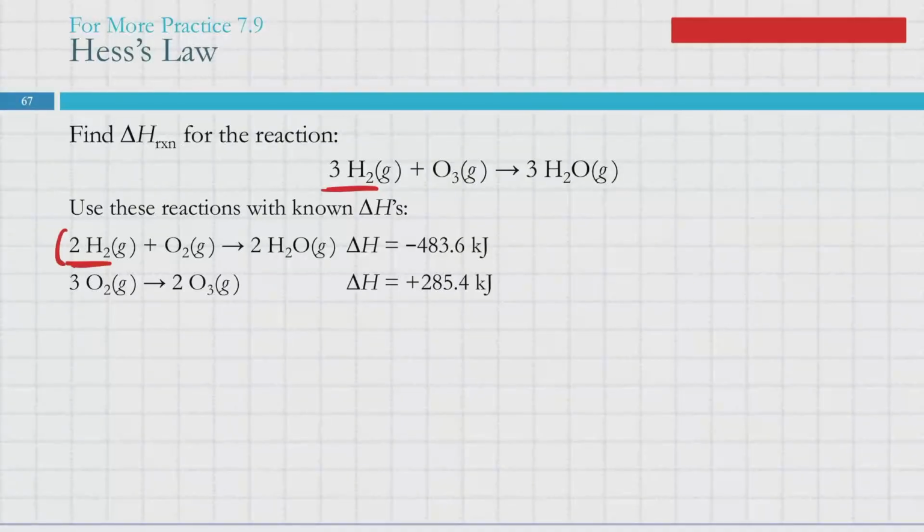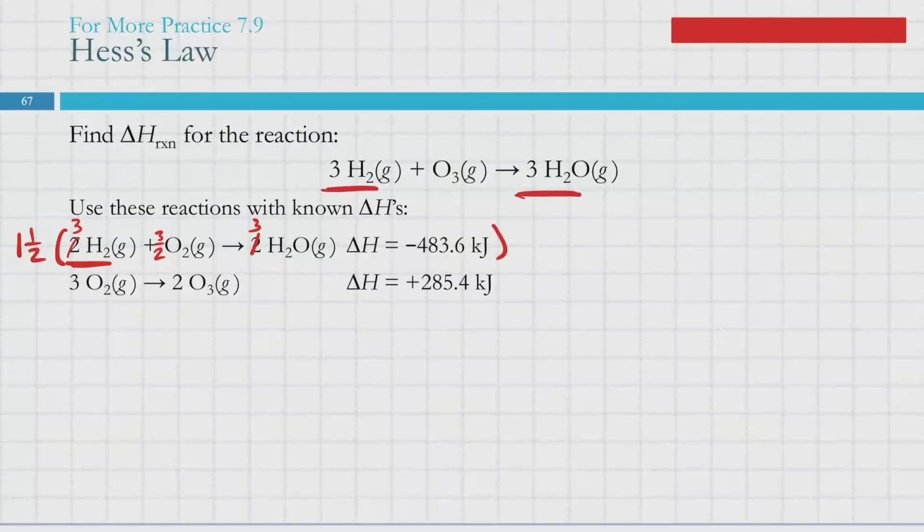So to do this change, we're going to multiply everything by 1.5 or 3 halves, 1.5. That'll turn the 2 into 3. It also puts, I'm going to write 3 halves just to save space, in front of our O2. It'll also turn this 2H2O into 3H2O.